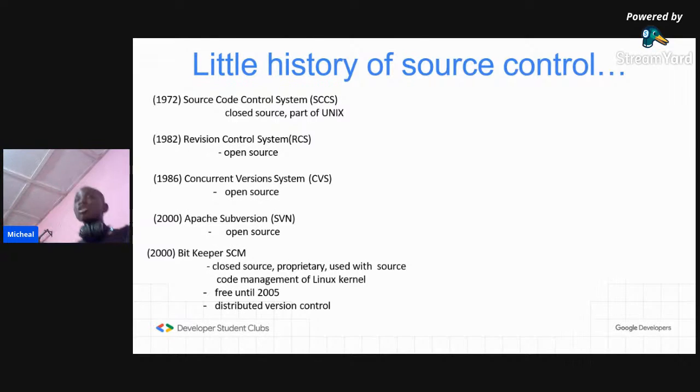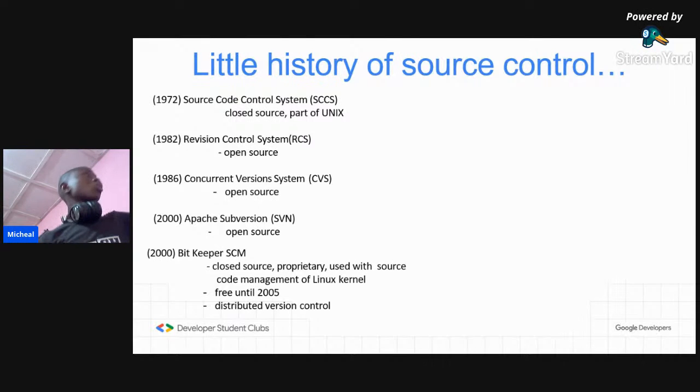So what distributed version control did was allow each system to have its own server, and to connect together. So it's not that we have only one source. It makes it like a client and a server, a client and a server. That's why we call it distributed version control. So it was free until 2005.